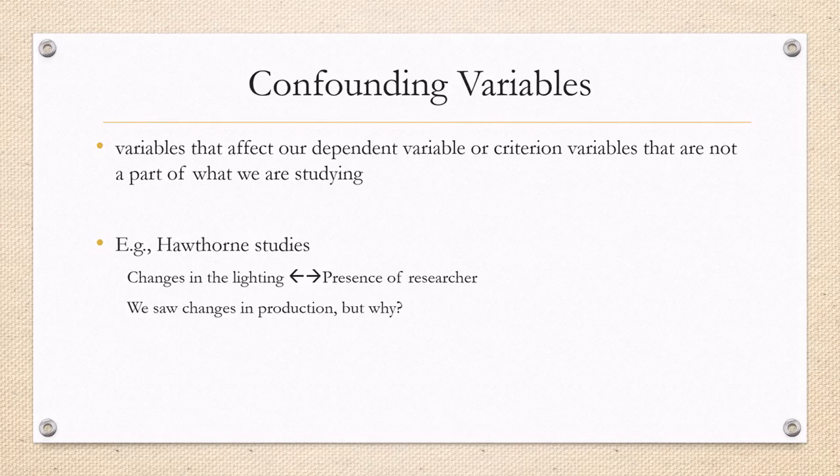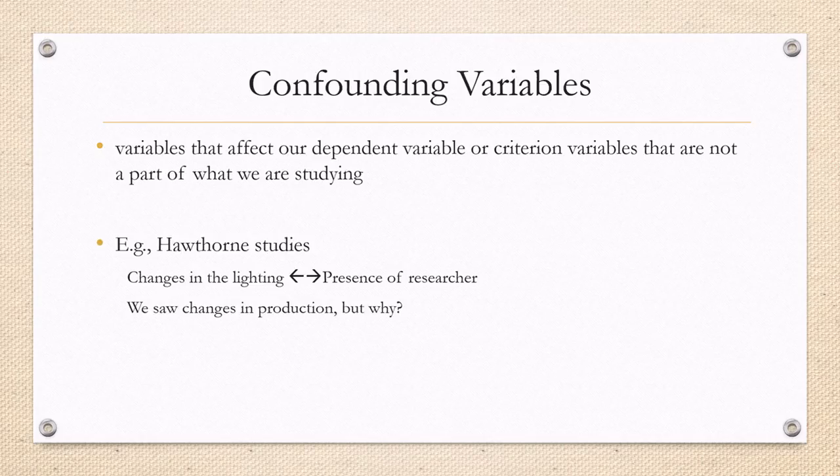So let's take an example, the Hawthorne studies that we discussed in the history portion of our lectures. They were studying the effect of light levels on performance. So they would make changes in the lighting and find outcomes that showed that performance improved with changes in the lighting.